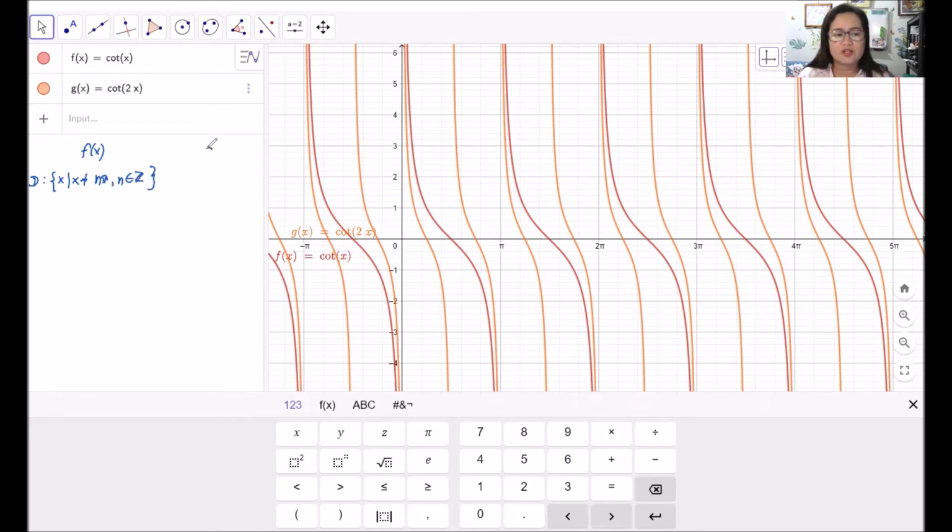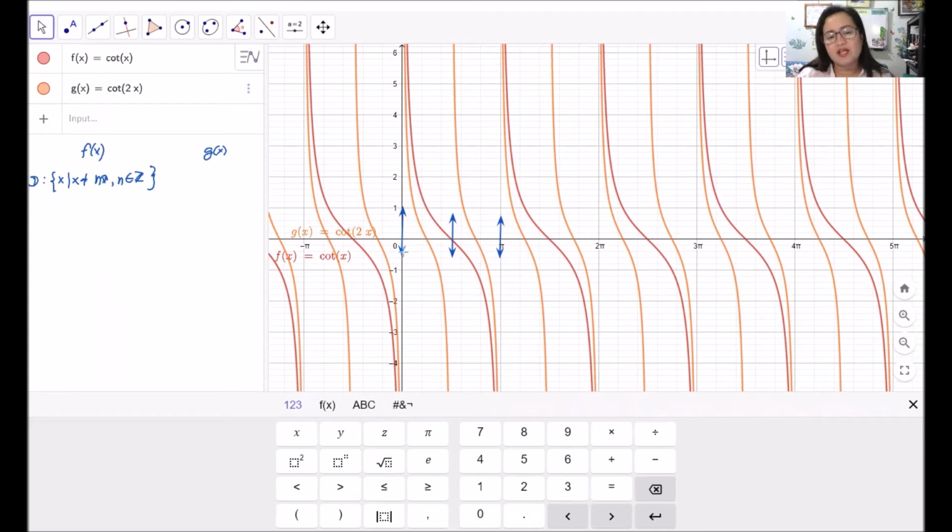What about for g of x? What will be the domain? Take a look. We have here a change in the vertical asymptote. Then another here, and here.